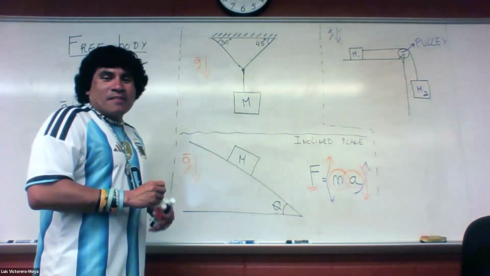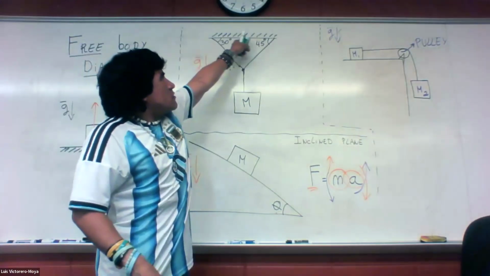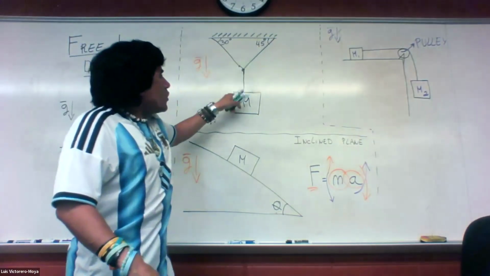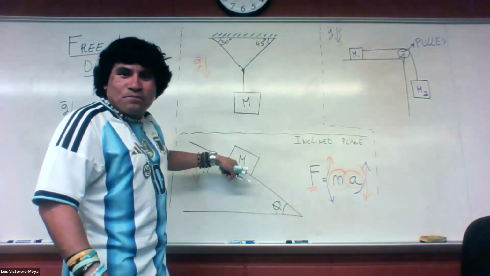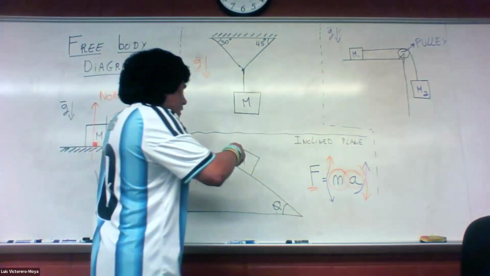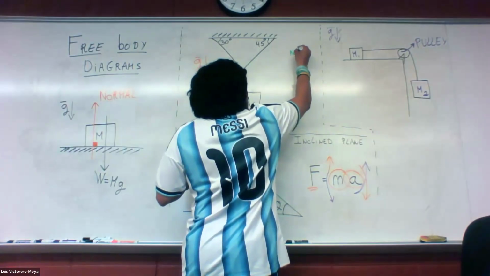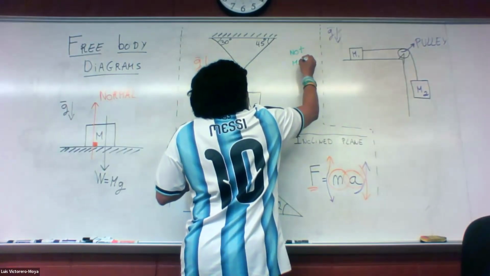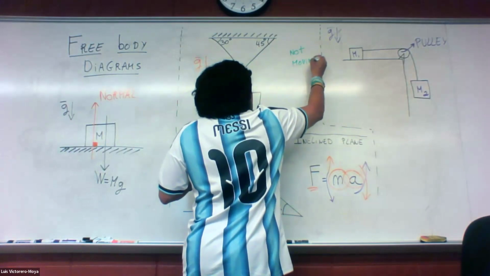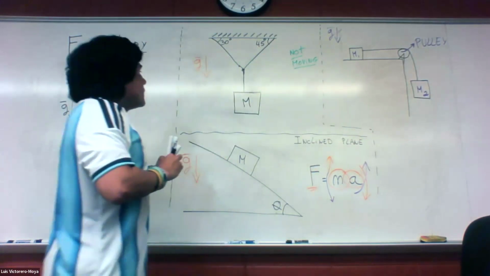objects like that? You have the roof, two ropes, and you have a hanging mass. And again, it's not moving. All right.